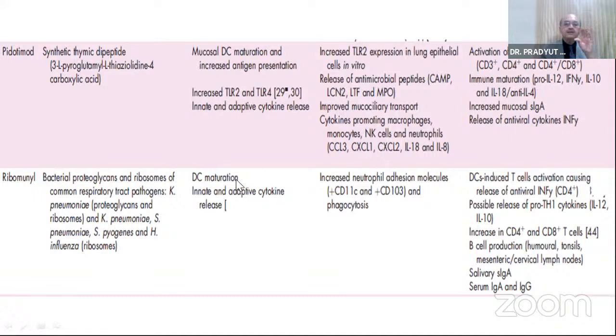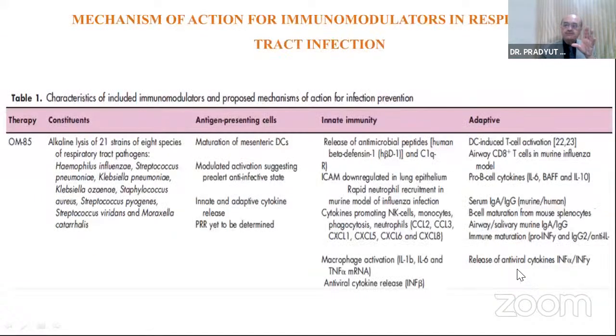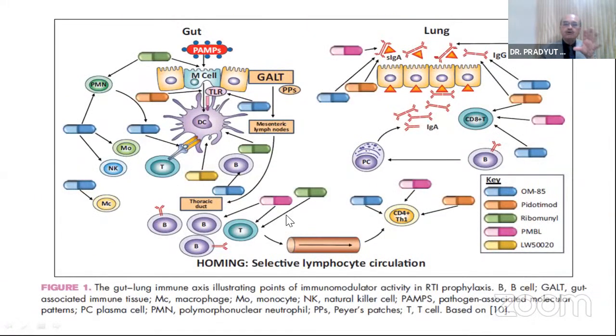This also causes maturation of the dendritic cells and stimulation of the innate and adaptive cytokine release, resulting in production of both powerful T cells, B cells, interferon gamma, and also salivary IgA and IgG. So what it means is all these immunomodulators are stimulating the gut-associated lymphoid tissue, stimulating the dendritic cells which present this antigen, and then it results in production of antibodies by the respiratory system.